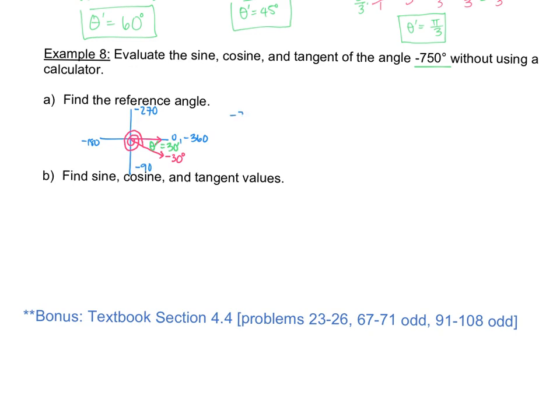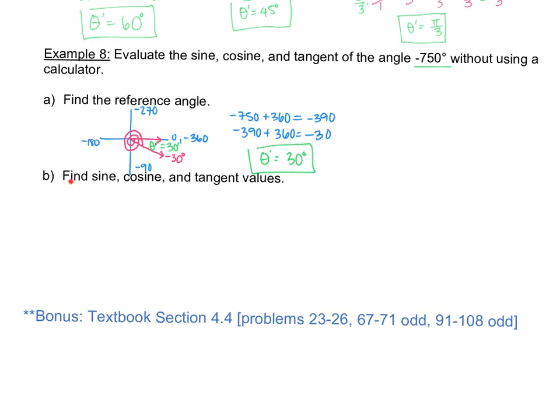I went 360 degrees around, and that gave me negative 390. Took another 360 degrees from where I left off. So if I add another 360, I get negative 30 degrees. And from here, that is my reference angle, because I have to write it as a positive angle.